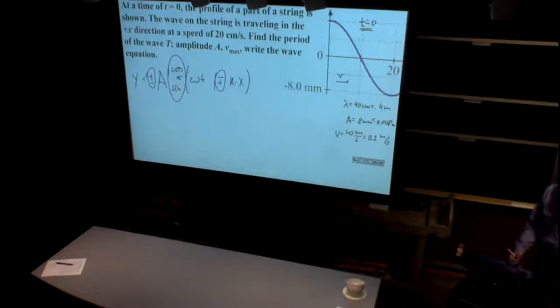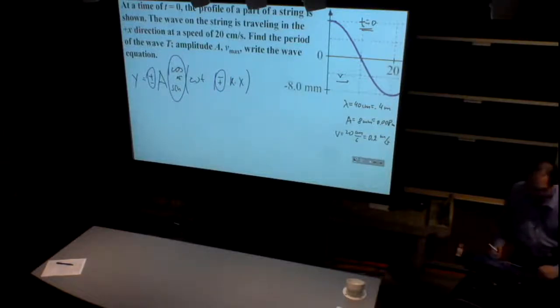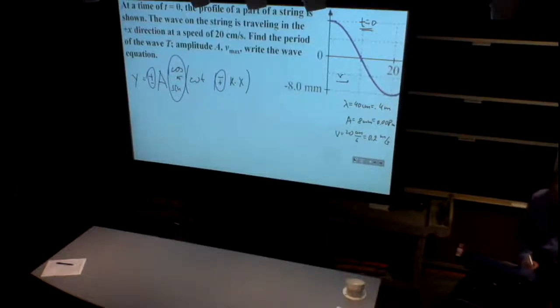And of course, we have to use the, well, this is a photograph. We can immediately say that at t equals 0 and x equals 0, y equals A. So that immediately tells us it has to be a plus, it has to be a cosine.